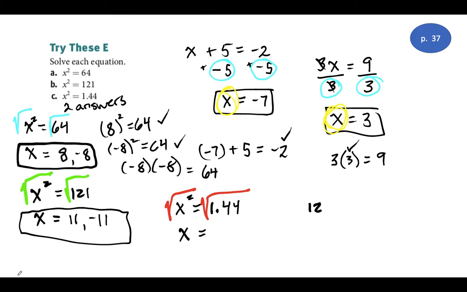There are two decimal places in the answer, which means there needs to be two decimal places in the two factors that were being multiplied together. So if we give each of these factors a decimal place, then when we multiply them together, there would be two decimal places in our answer. So our answer is 1.2 and negative 1.2.